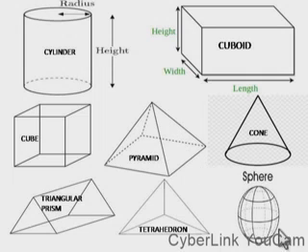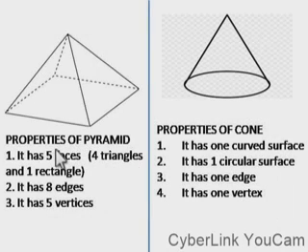Now let's proceed by identifying the properties of these three-dimensional figures. The first here, properties of pyramid. 1. It has 5 faces. And among the 5 faces of this pyramid, we have 4 triangles and 1 rectangle.